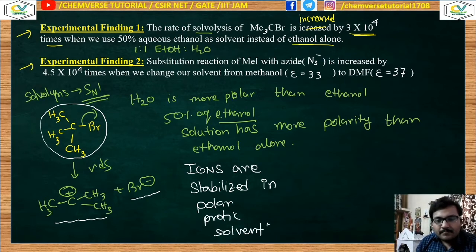So for the SN1 mechanism, since discrete ions are forming, one is the carbocation, another is the anion, which is the leaving group itself. That requires stabilization, and polar protic solvent can give the stabilization by solvation or hydrogen bonding like interaction, ion dipole interaction. So these two are solvated.